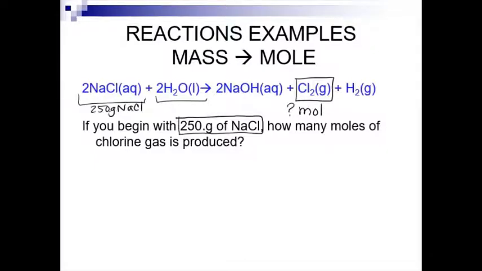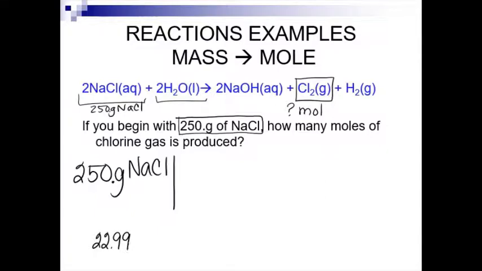We want to know. So the first thing we have to do is convert 250 grams of salt, NaCl, into moles of NaCl. So from the periodic table, I know that Na is 22.99 and that chlorine is 35.45.